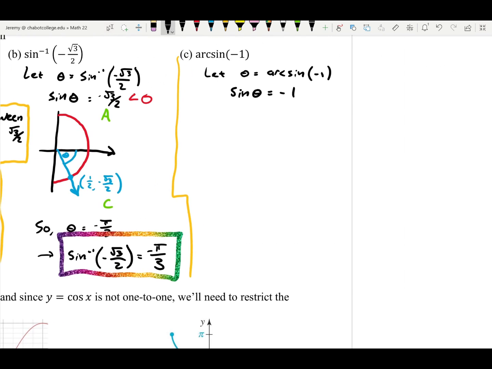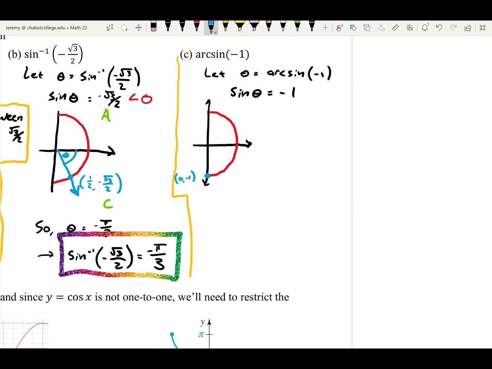Okay, so let's go over here and look again at the right half. Now, what terminal point gives us a y coordinate of negative 1? Well, down here, that is the ordered pair 0, negative 1.